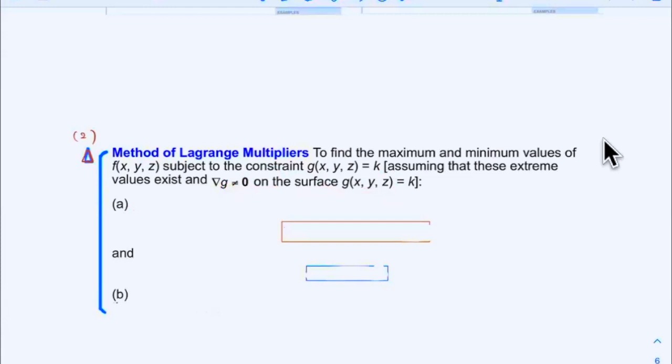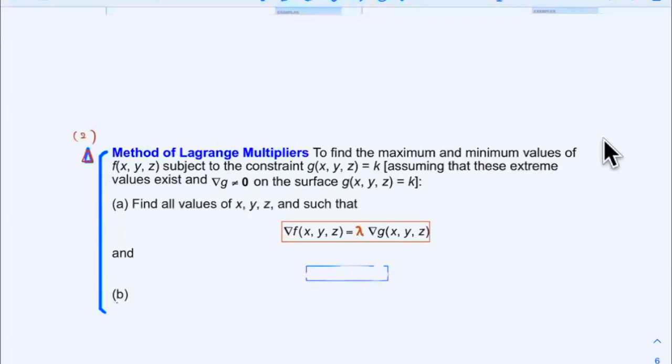What is part A? Can you guys tell me what the method of Lagrange multipliers is today? There are 2 steps, A and B. What's step A? Very good.